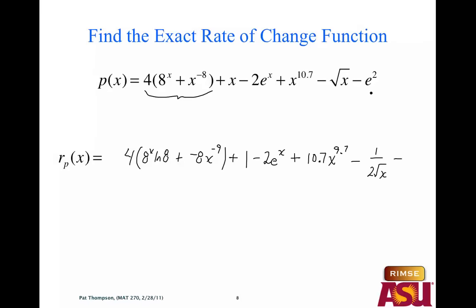Is it an exponential function? Is it a power rule function? Neither. It's a constant. E squared is a number. It's not an exponential function because there's no x in it. It's not the power rule because it's not x to a power. E squared is a number. Rate of change is 0. We're done.